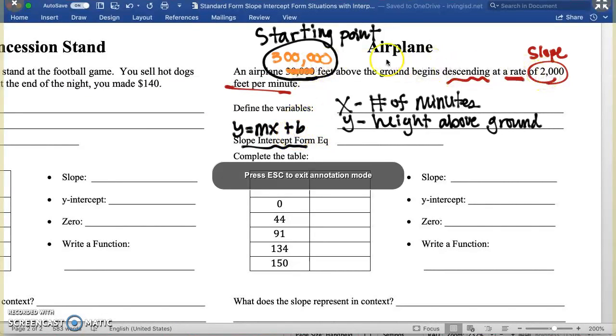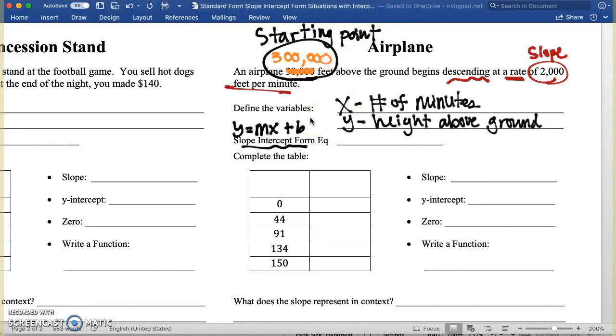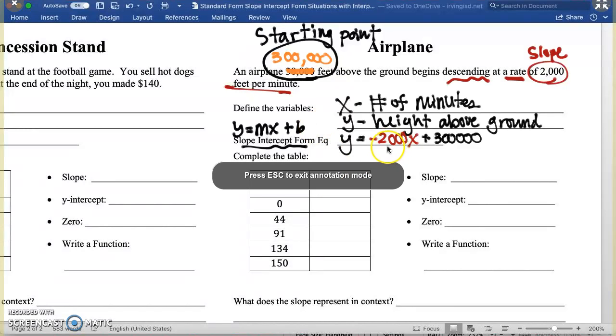One of these two numbers has to be the slope and the other number has to be the y-intercept. So I can write the equation y equals, my rate was 2,000, but it's negative because we're descending, so negative 2,000 x plus the 300,000 feet that we are above the ground already, where we're starting from. So my slope and my y-intercept.